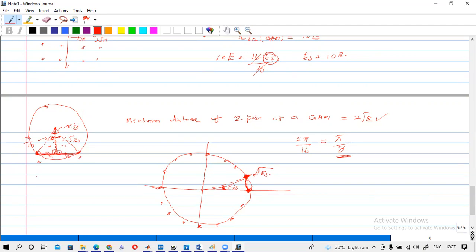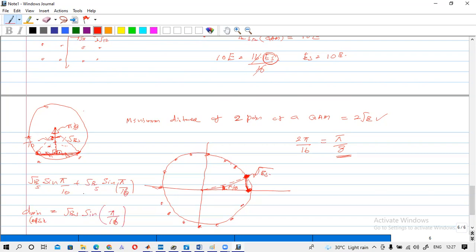It is root E sine π by 16 plus root E. So this is the symbol power. Symbol energy, root E sine π by 16, correct? So the minimum distance of 16 PSK, we will have root Es sine π by 16.